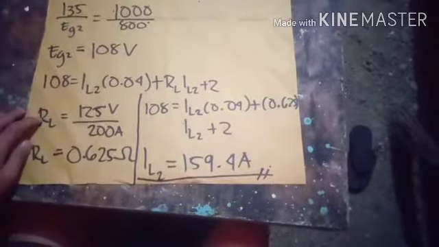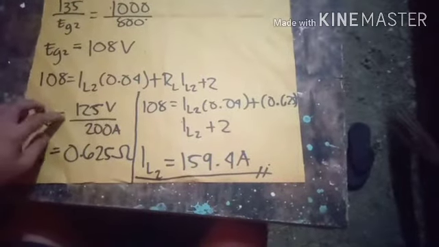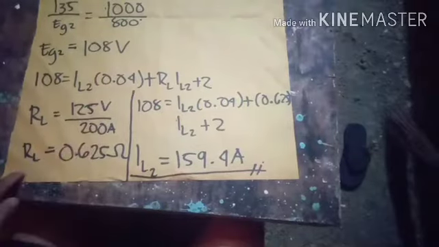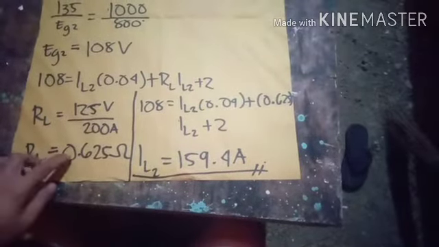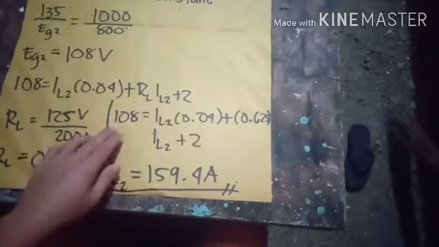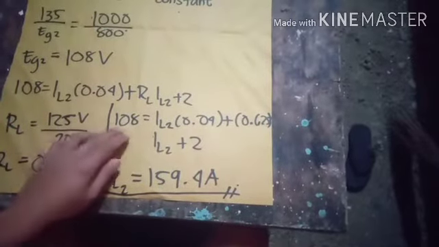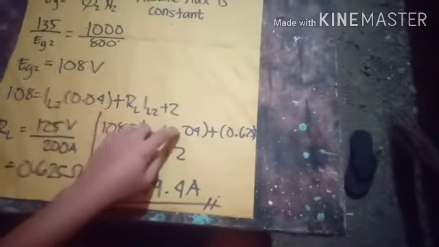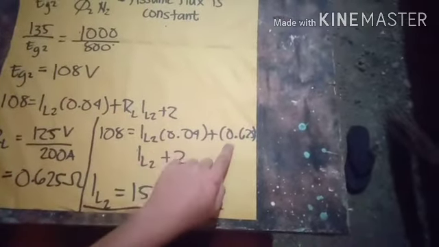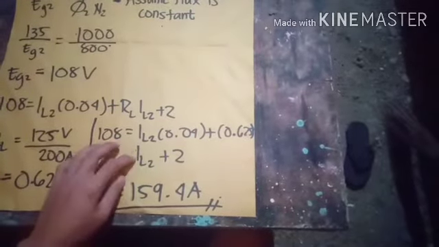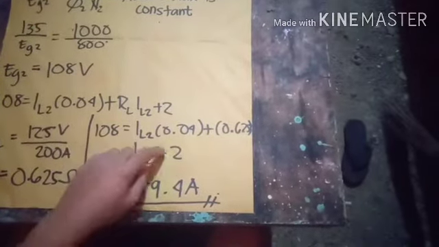So the RL here is equal to 125 volts over 200 ampere. So RL is equal to 0.625 ohms. We substitute this RL. So 108 is equal to IL times 0.04 plus 0.625 ohm times IL plus 2.